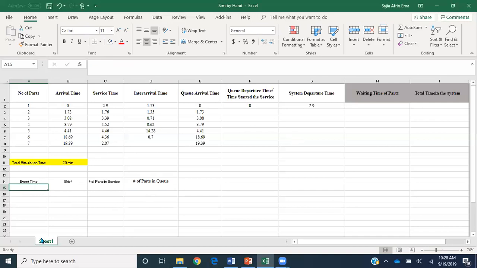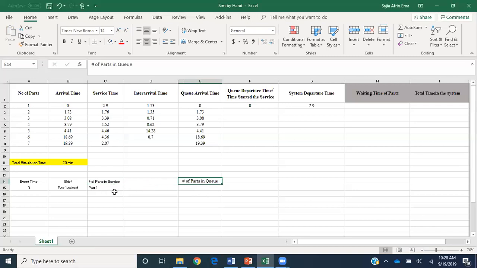So at 0 minutes, there was an event. What was the event? Part 1 arrived. Number of parts in service. At 0 minutes, part 1 joined the service. So we'll just write part 1 is in there, and then let me just make 2 more columns here.